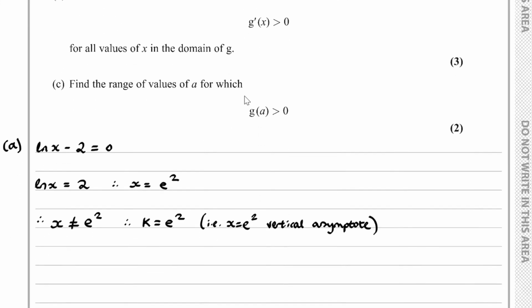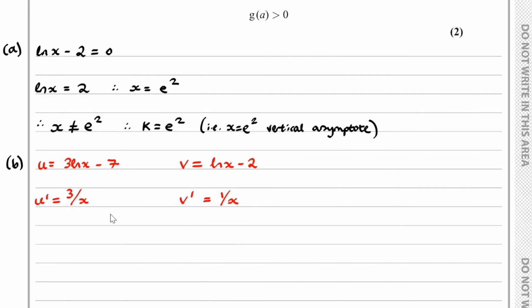And if we use the quotient rule for part b, u is equal to the thing at the top, 3 times the natural log of x minus 7. V is the thing at the bottom, the natural log of x minus 2, u dash that's equal to 3 over x, and v dash that's equal to 1 over x.